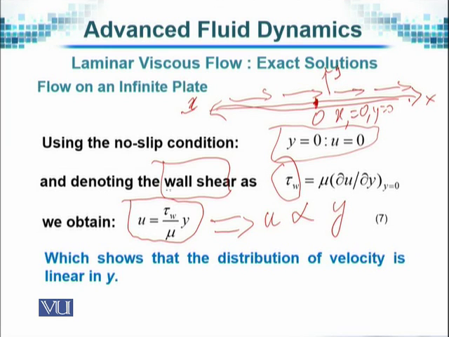So this part is constant, and if we introduce the sign of proportionality, we see that the velocity component is linearly proportional to y. That means that the velocity u will be proportional to the value of y in the y direction. So that is the result that we derived, and that will prevail for this kind of geometrical specification.